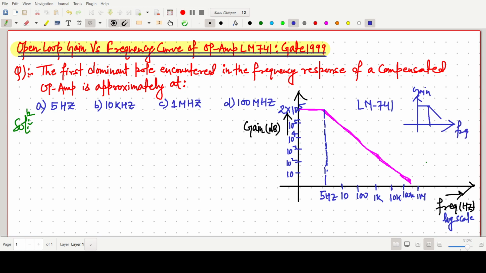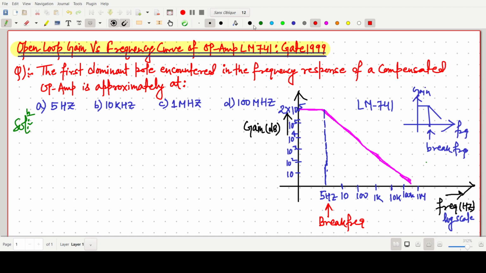This one is your 3 dB cutoff frequency, and this point is called your break frequency. Sometimes the break frequency is called the 3 dB cutoff frequency. In our case, the break frequency is 5 hertz.